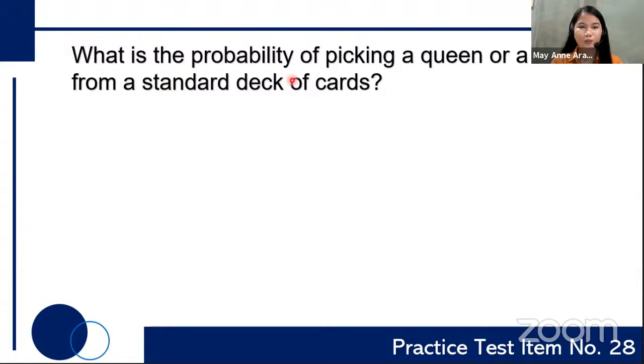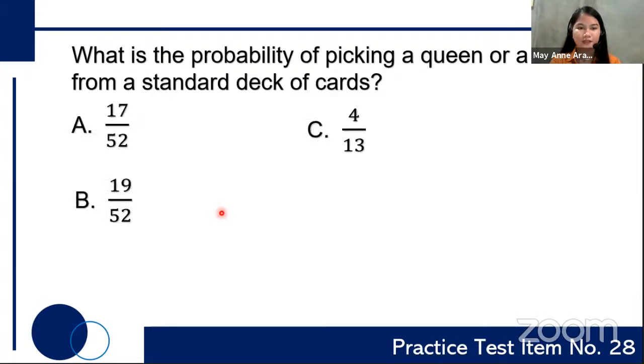And for this problem, what is the probability of picking a queen or a heart from a standard deck of cards? How many queens are there? There are 4. How many hearts? We have 13 hearts in the deck of cards.